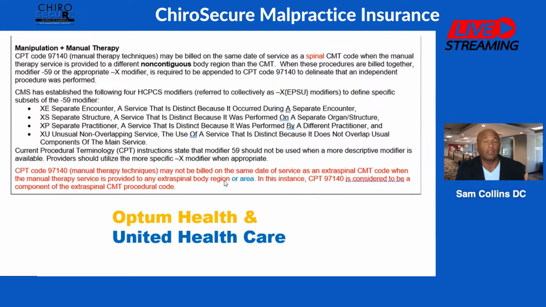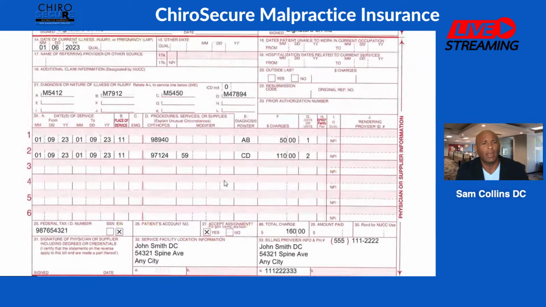So unfortunately, what this means is if you're doing the adjustment to the knee and doing the manual therapy to the shoulder, they're going to consider that the same region because extra spinal is one region. That to me is a little picky, but what I've heard mostly is that really doesn't come up much. It's usually obvious if you're doing a spinal adjustment and an extra spinal area for manual therapy, you're okay.